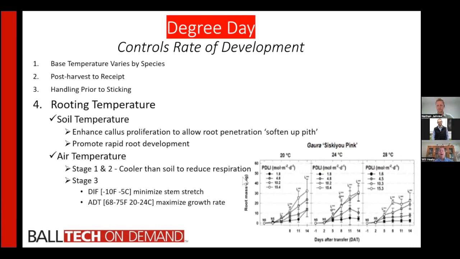A -5-degree DIF will keep the plants more compact than the reverse, where you had a 65-degree day and a 60-degree night, which is 65 minus 60 is a +5, those plants will grow.